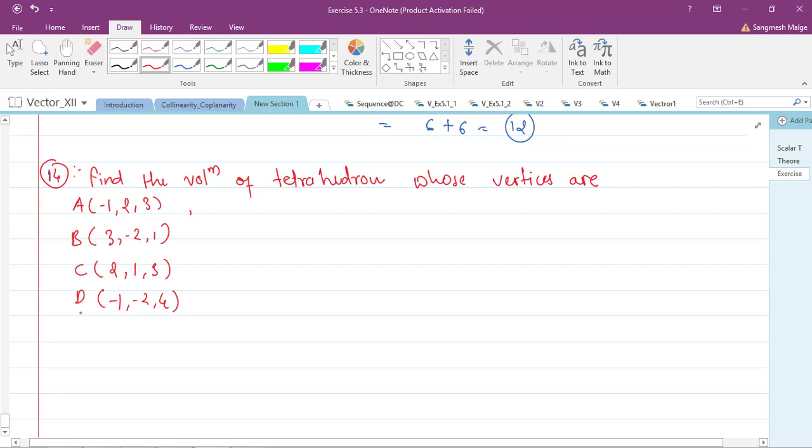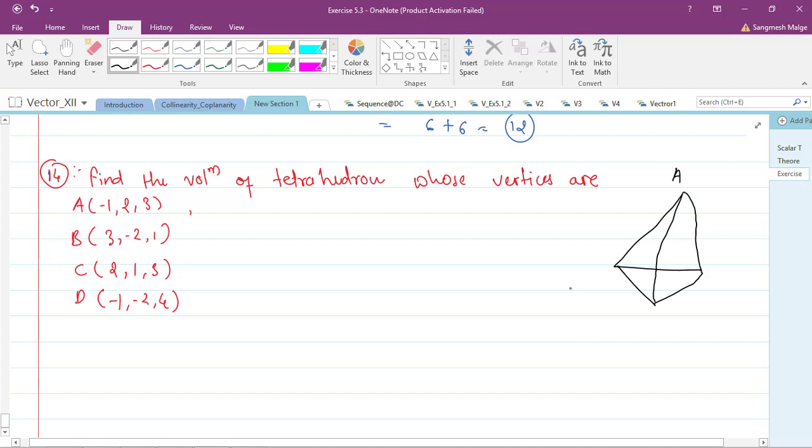Now what to do? The last theorem which we have studied says that the volume of a tetrahedron is 1 by 6 into the box product of the coterminous edges. So these are the vertices, and we have seen the figure; the figure is like this.